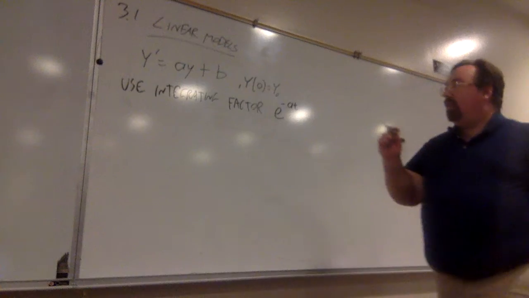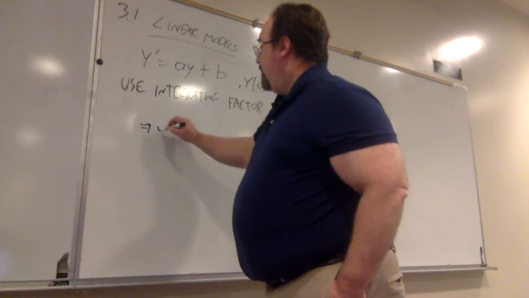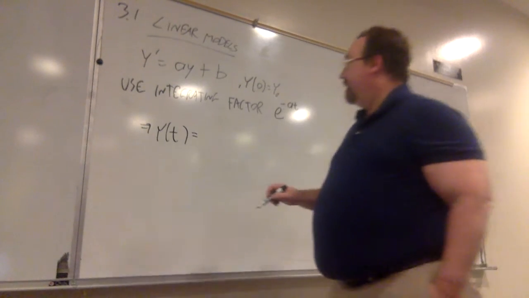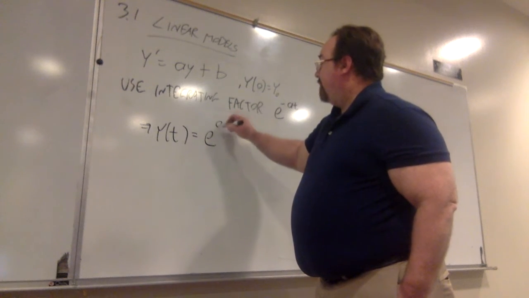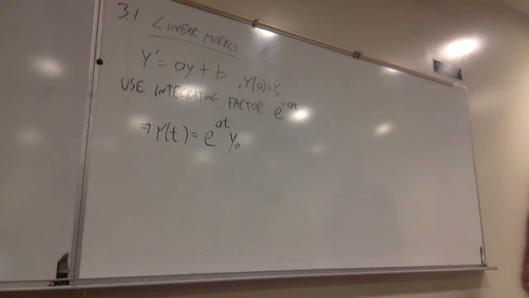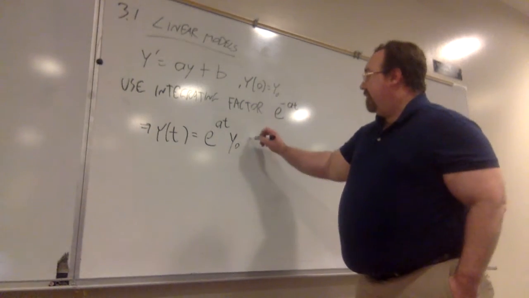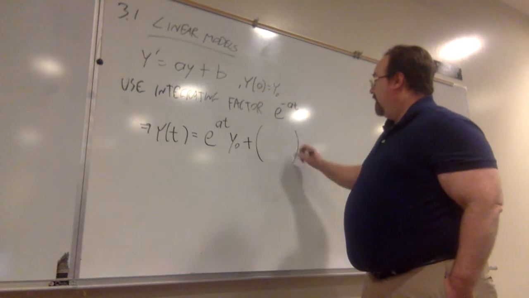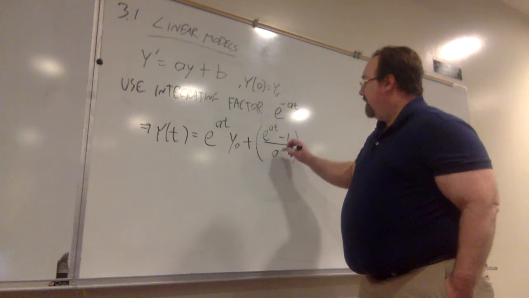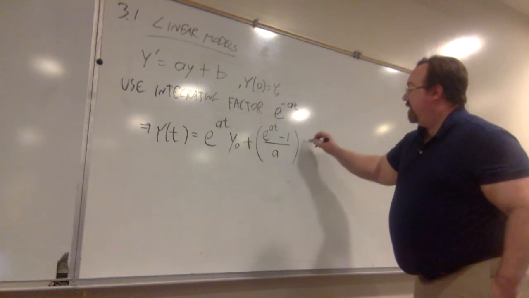So then everything can be worked out, all the integrals can be worked out, and here's the solution that you get. So we have first values taken into account, e to the at, y naught. And then we have a second term that takes b into account. So that's e to the at minus b times b.